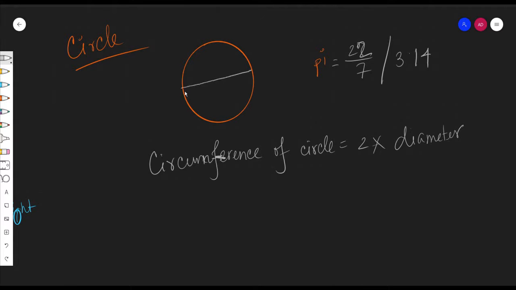If this one is the center, the total is the diameter, and half of it is the radius.